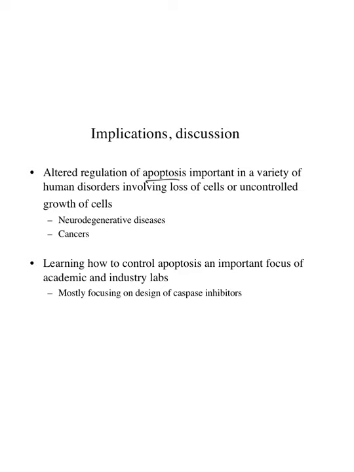It helps us to understand all these important things. It also has clinical relevance because a very large number of human diseases result from dysregulated apoptosis. And almost all of the neurodegenerative diseases, Alzheimer's, Parkinson's, etc., have inappropriate apoptosis. And so understanding how to regulate it may be helpful therapeutically.